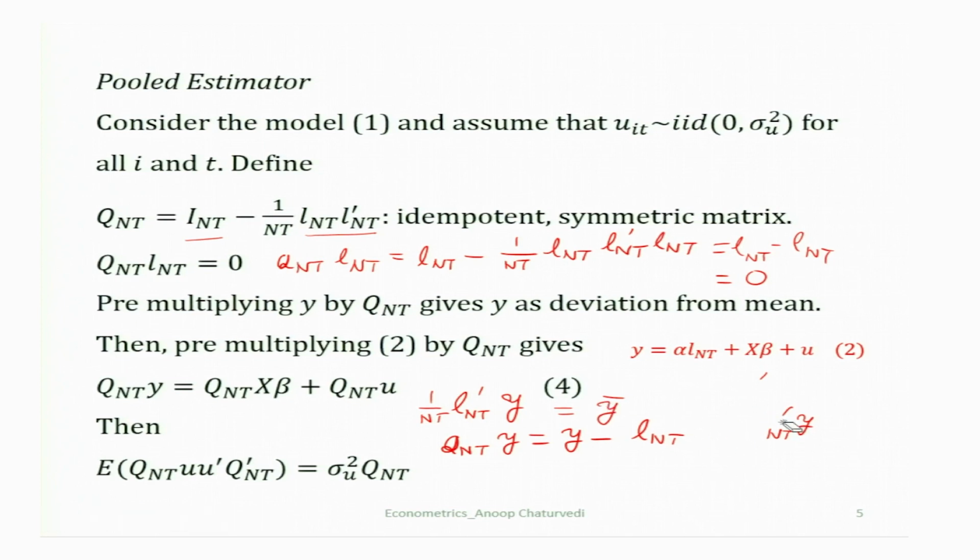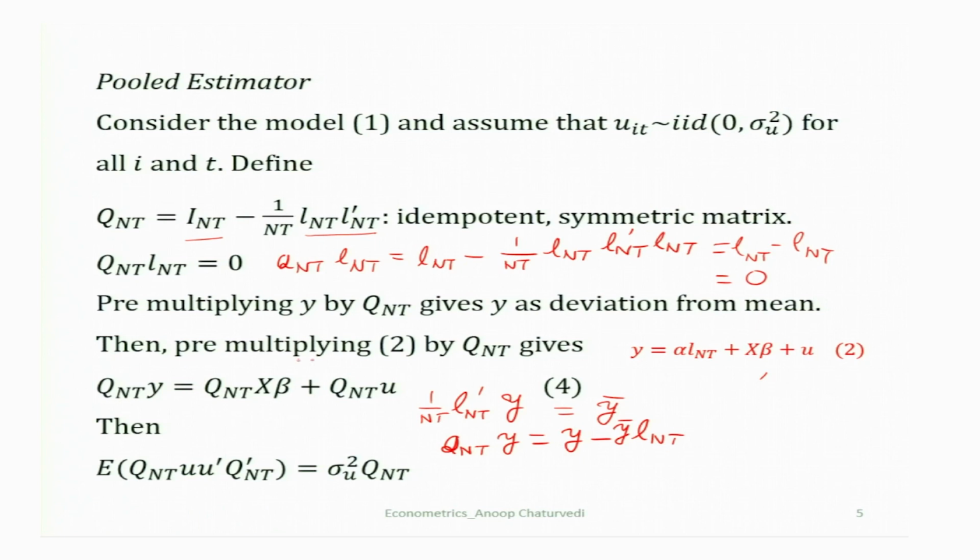So, now you get a vector with all the elements taken as deviation from mean.